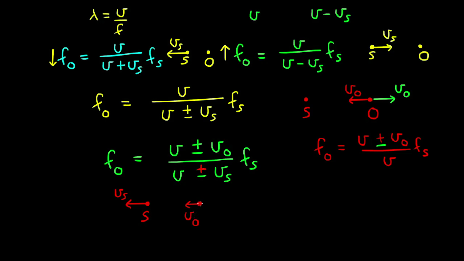And given the observer is moving towards the source, then you have a plus over here, as you'd have an increase in frequency. And if the velocities of the source and observer are the same, there's no relative motion between the source and the observer, so therefore the frequency heard by the observer will be the same as the source frequency.